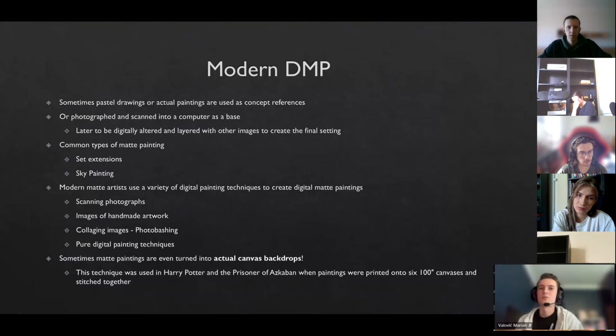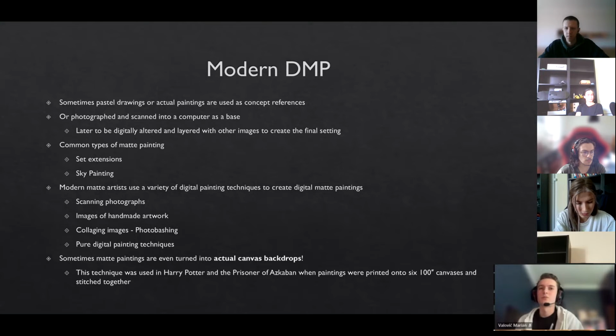Sometimes even pastel drawings or actual paintings are still used even to this day, or used as concept references, or used as a base to be later scanned into computer and then digitally altered and created layers with them, and then finally creating the final setting.